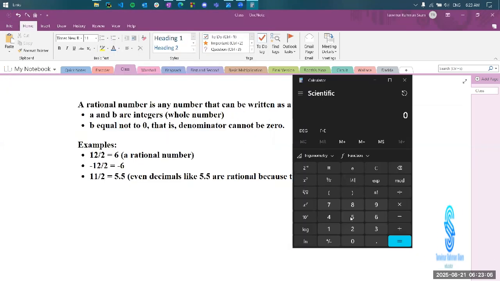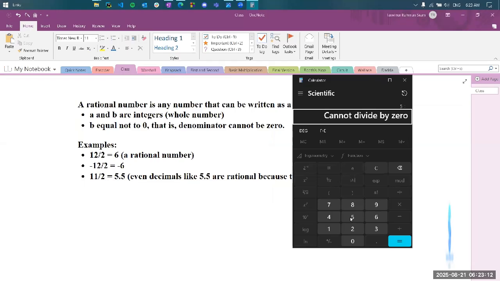If I write 5 divided by 0, see what it has given me: cannot divide by 0. In your calculator also, just type 5 divided by 0. Hopefully it will give some math error or syntax error.